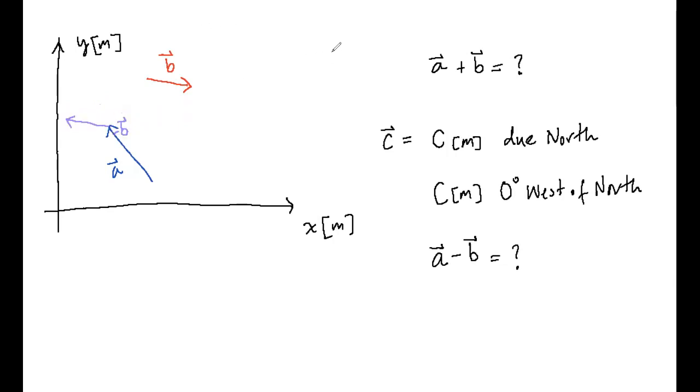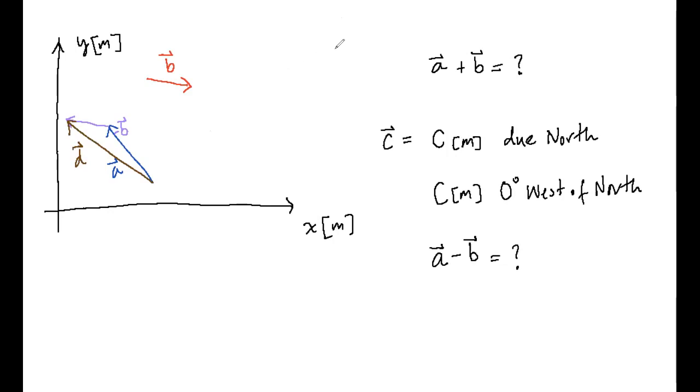And so now I have A and minus B going head to tail. Now my sum, just as before, will originate at the tail of A and terminate at the head of minus B. We'll call this vector D. D is in delta.